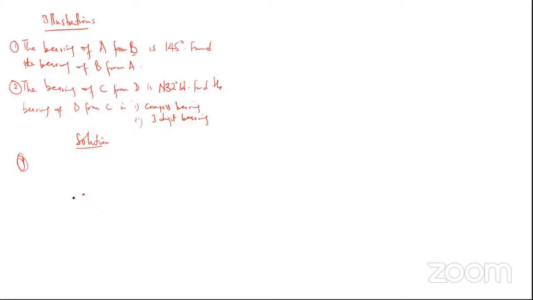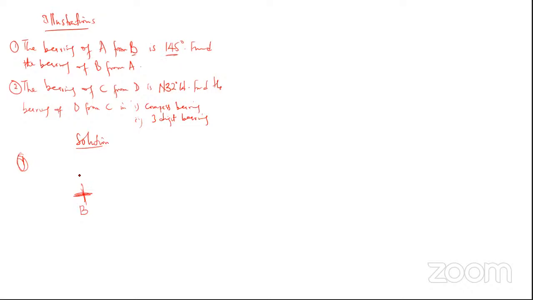So picking a middle point. For example, if I pick this, in this case I assume that this is point B. And if you look at what we have been given here, this is 3-digit bearing.